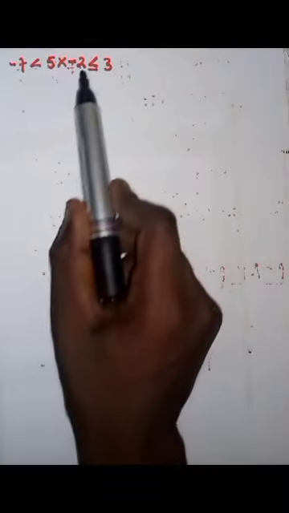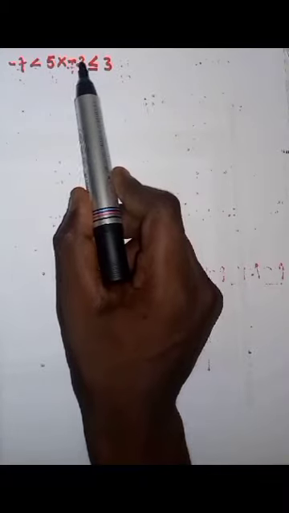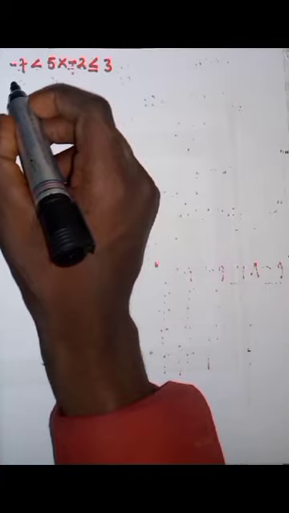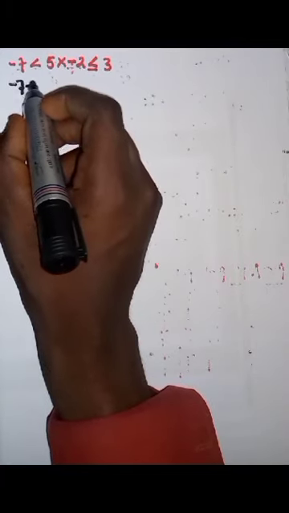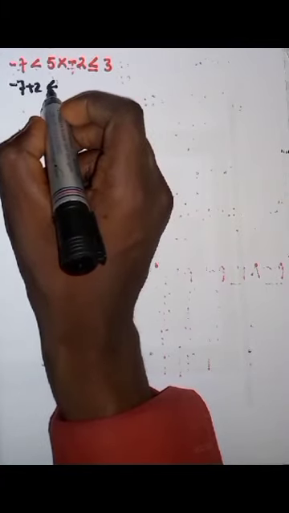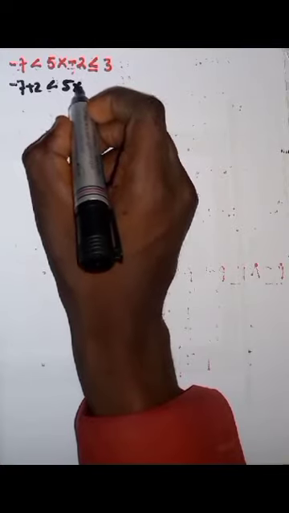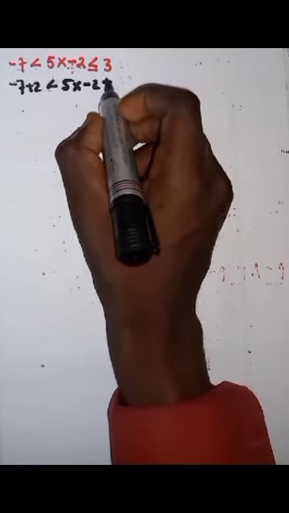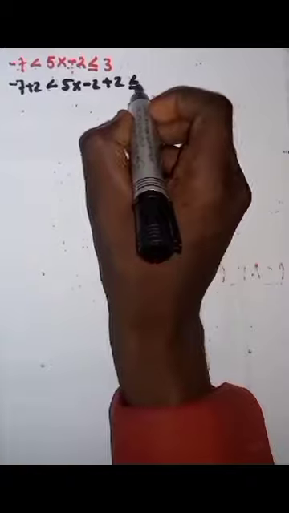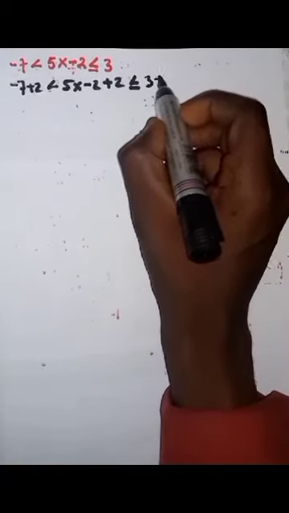I'm going to add 2 on both sides, so -2 plus 2 gives me 0. So it's going to be -7 plus 2, less than 5x minus 2 plus 2, less than or equal to 3 plus 2.